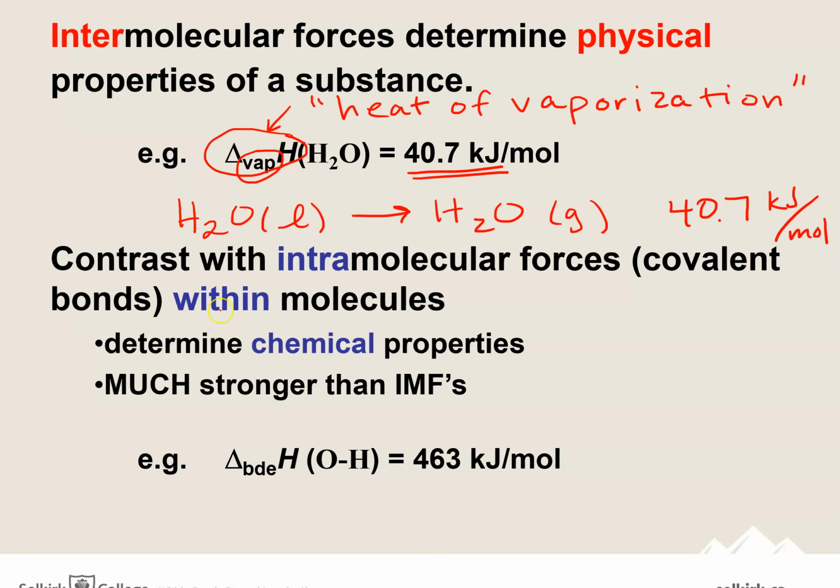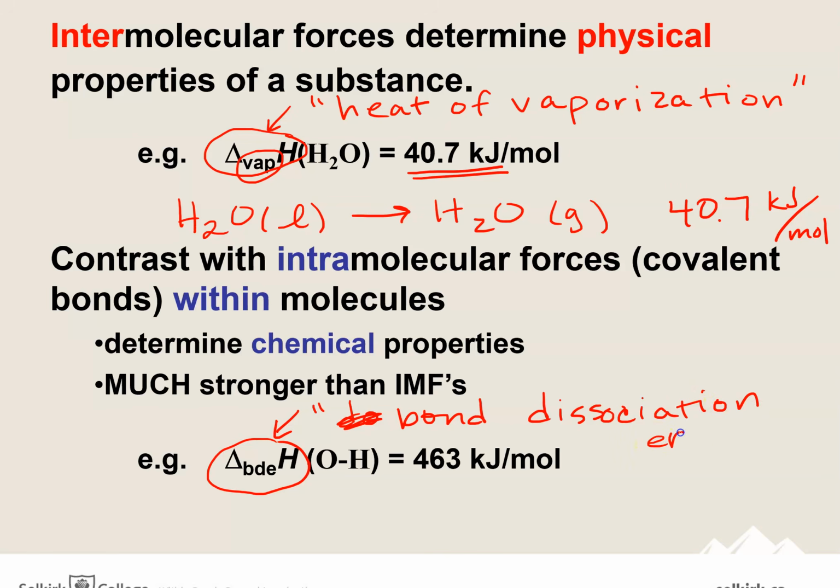We're going to contrast that with the covalent bonds within the molecules, which determine the chemical properties. And as I said in the previous slide, those are much stronger. So this symbolism means the bond dissociation enthalpy, or energy, which is the energy to break the bonds.